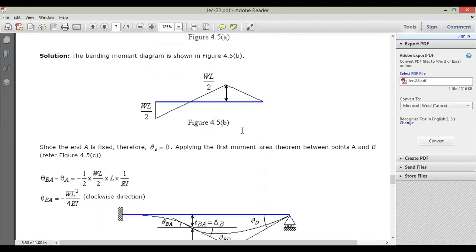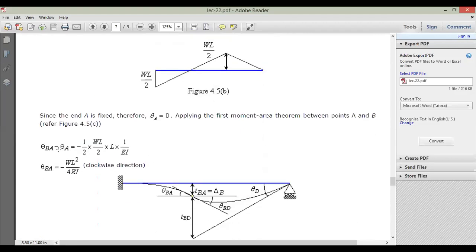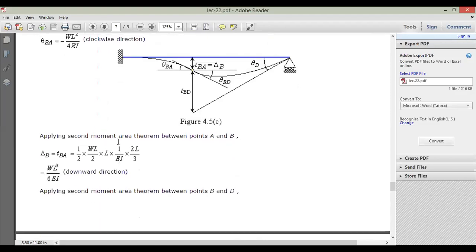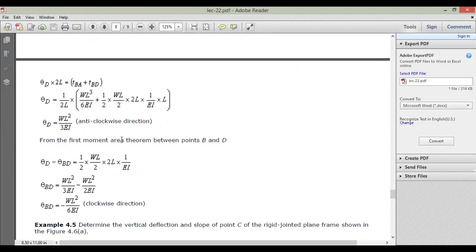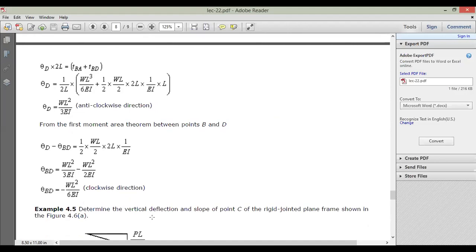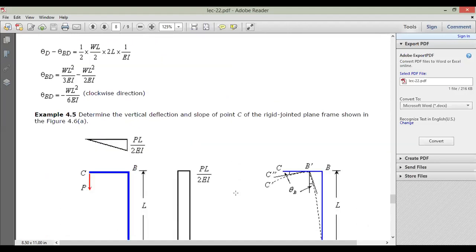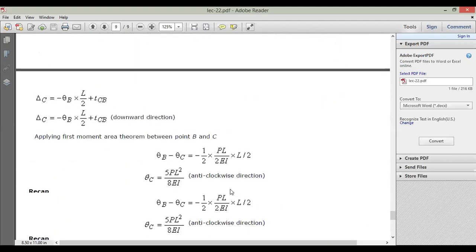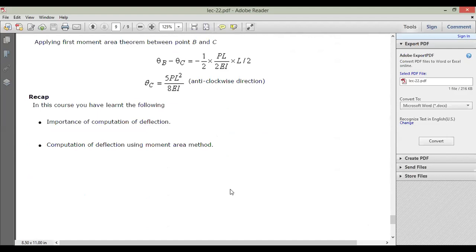So this will be the case, and again applying the same fundamentals, you will be finding the same deflection, maximum deflection and slope. So this is to be done by you. This is the practice. Importance of computation of deflection using moment area method.